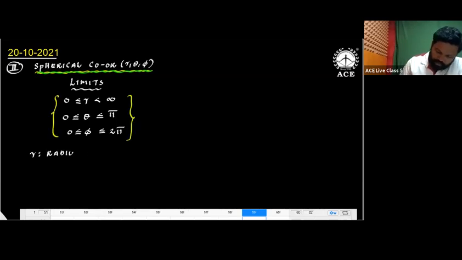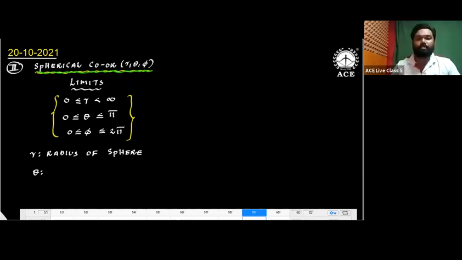R is the radius of the sphere. What is theta? Theta is the elevation angle.